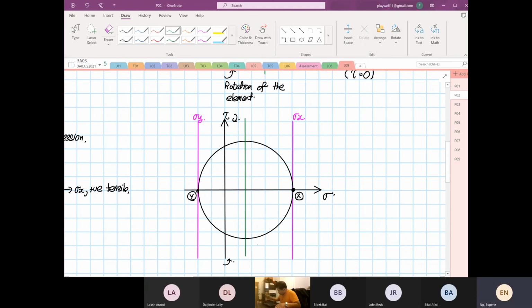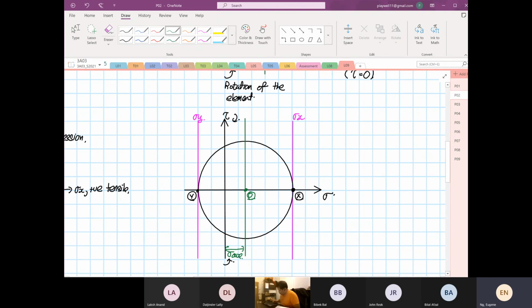Okay, so the stress average, usually we call this σ_avg. The distance from here to here is known as our stress average now.